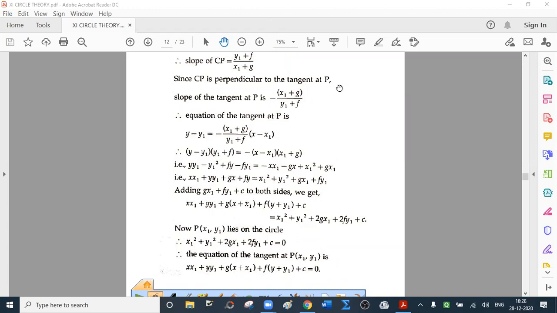Now write down. Give the title: Tangent(s) to a circle.